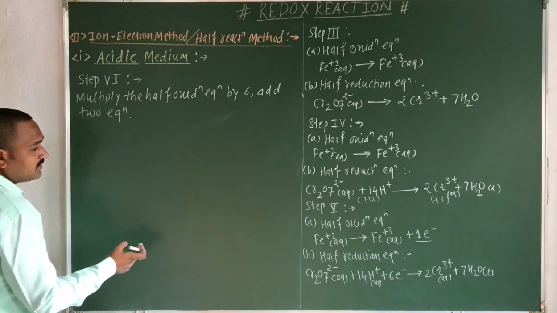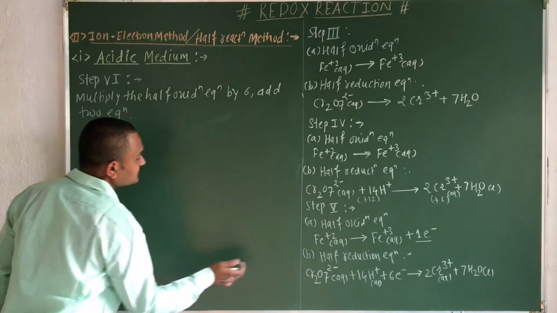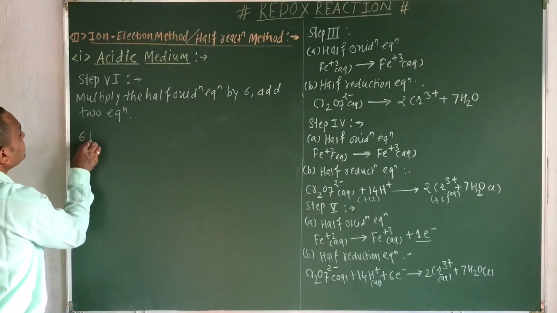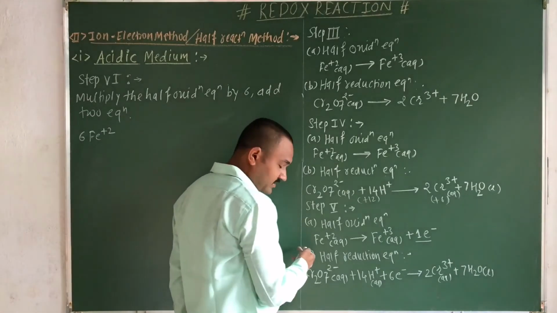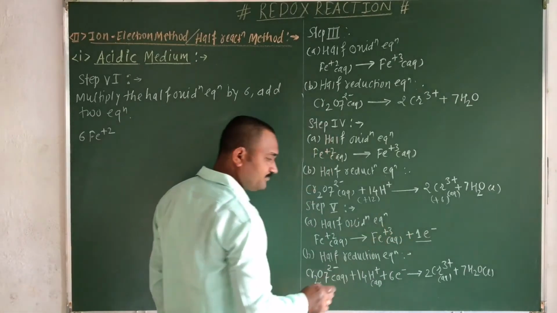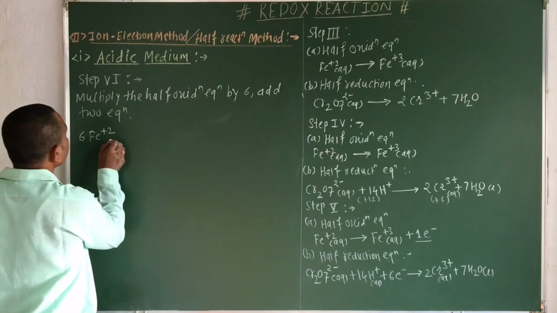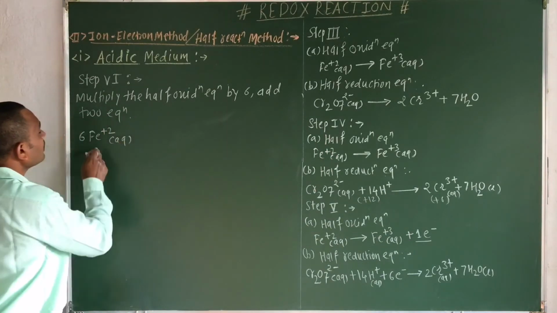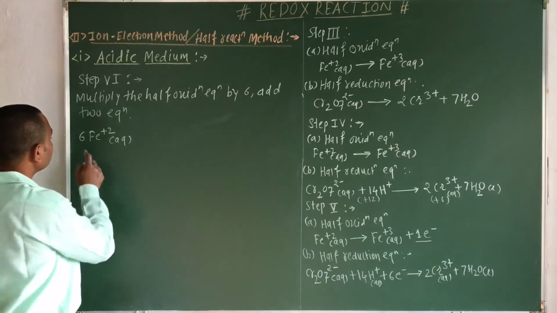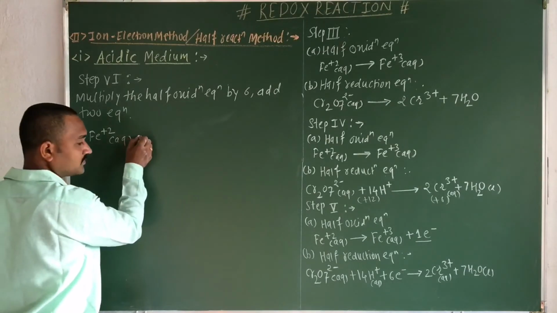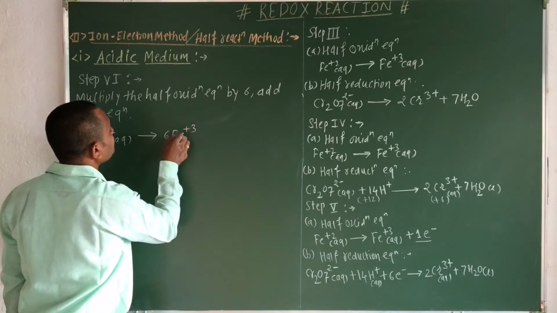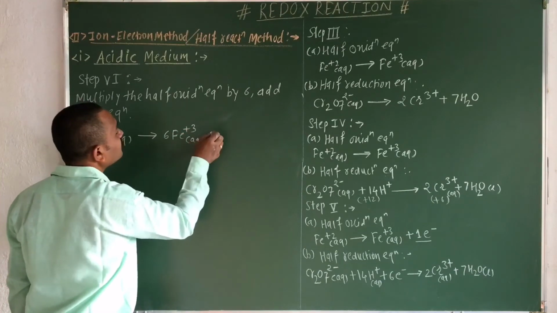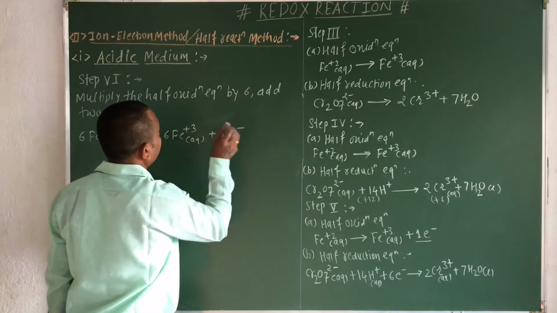Now here I will directly take these 2 equations. So 6 into Fe plus 2, we are multiplying the whole equation by factor 6: 6 Fe plus 2 gives 6 Fe plus 3 aqueous plus 6 electrons.